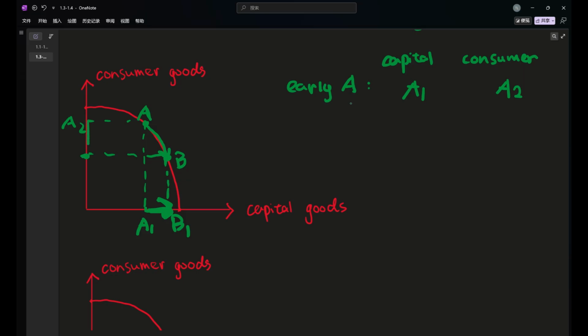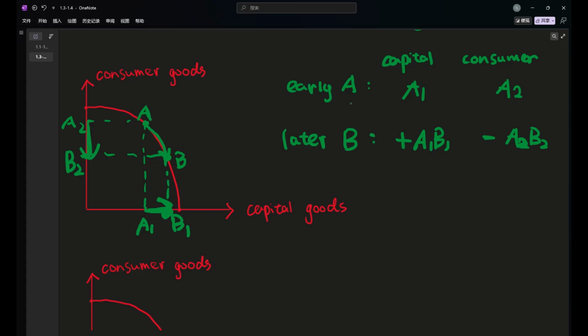So you see the production of consumer goods decreases. Later at B, the capital goods actually increased by A1, B1, but the consumer goods decreased by A2, B2.